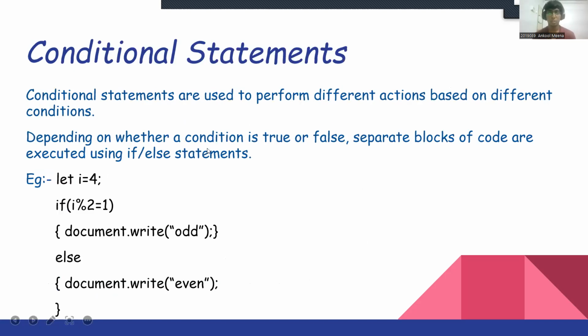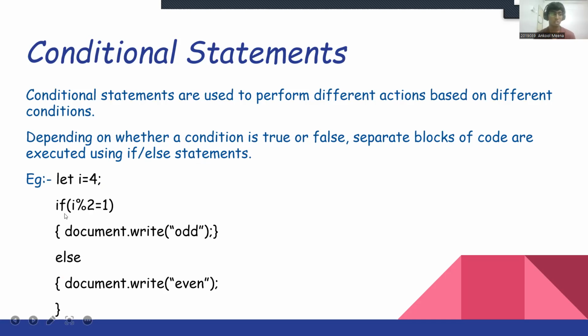Conditional statements are used to perform different actions based on different conditions. So if the condition is true, it will run the if block, and if it is false, it will go to the else block. We can also do else if. So depending on whether the condition is true or false, separate blocks of code are executed using different statements. For example, we initialized i equals 4, an even number.